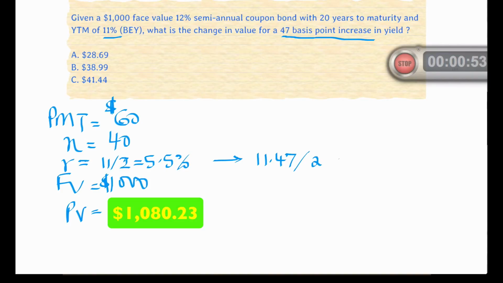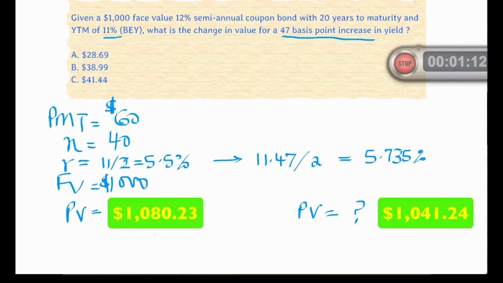And we compute the present value with that as our discount rate. And finally, we work out the difference between those two values to get the change in value.